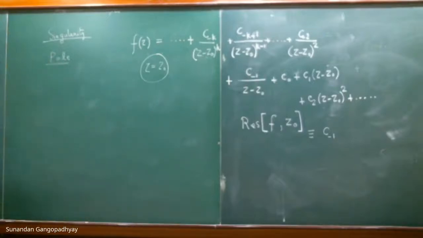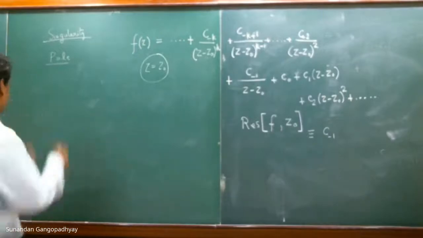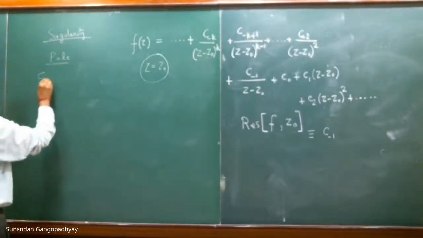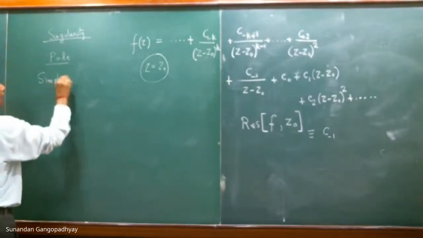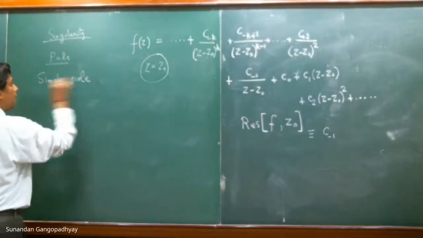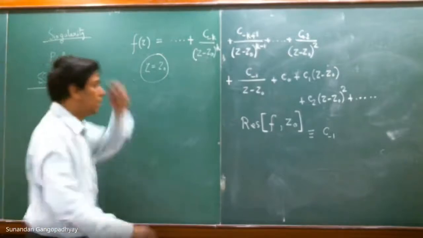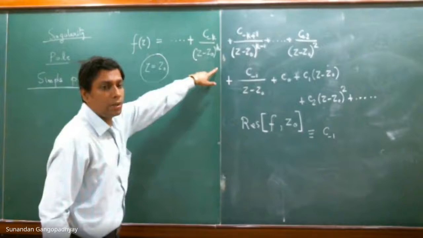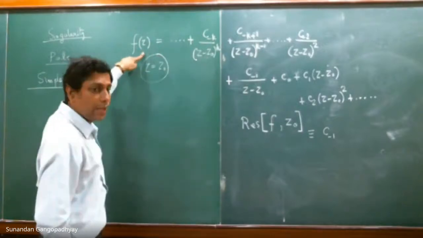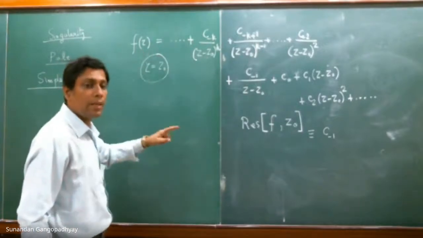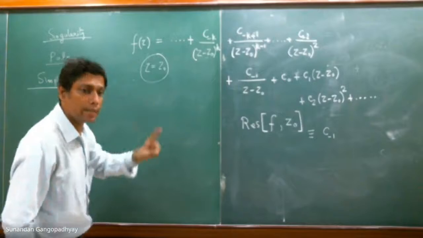So let us first of all consider the case of a simple pole. Suppose z equal to z naught is the singularity of this function f of z, and let us suppose that this singularity is a pole of order 1, that is a simple pole.